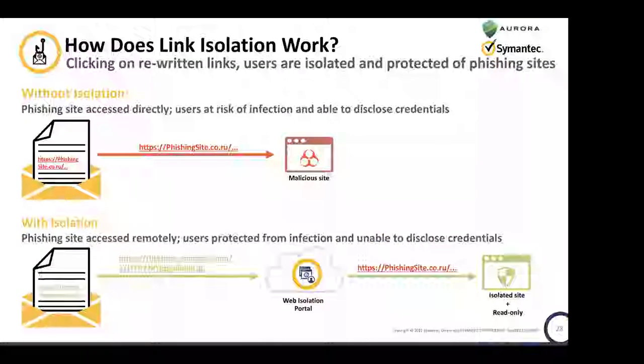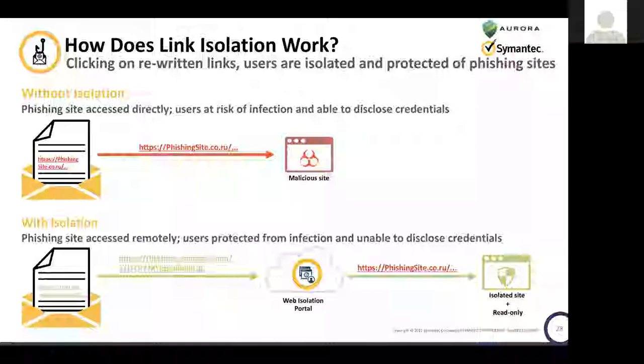So again, how does this really work? Traditional sort of non-isolation, you'd see a phishing site come into your inbox, the user clicks on it, and you're owned, right? But with the way we can do it, we can take a look at the URLs as they come in. We can apply a policy, we can apply a rating to them, and then we'll rewrite that link.